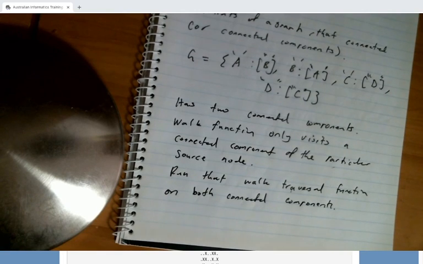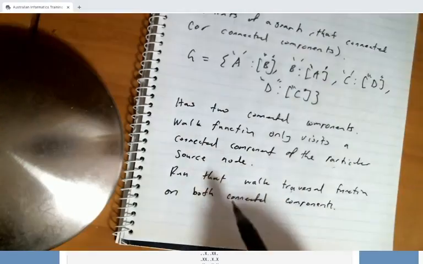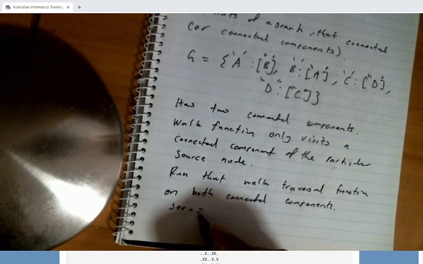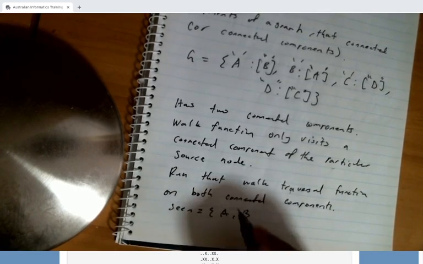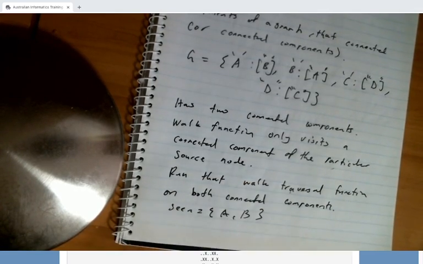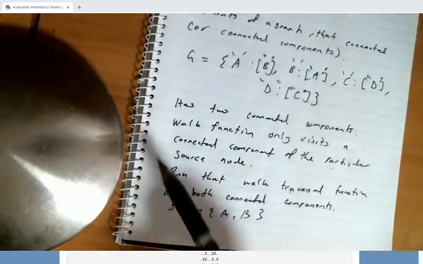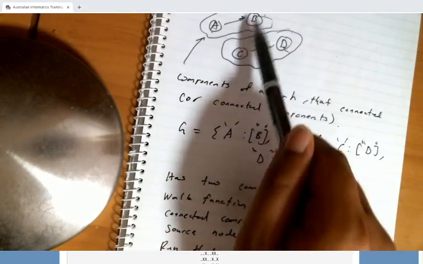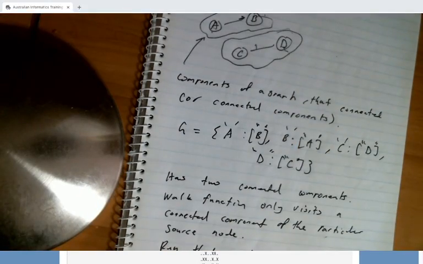The trick is you make a set of nodes that you have seen. So for example, when you go through the first connected component, you make a list that I have seen A and B. So when I iterate over all nodes to run our walk function over, if we've run it on A, we won't run it on B because we've already seen B in the first connected component of A.